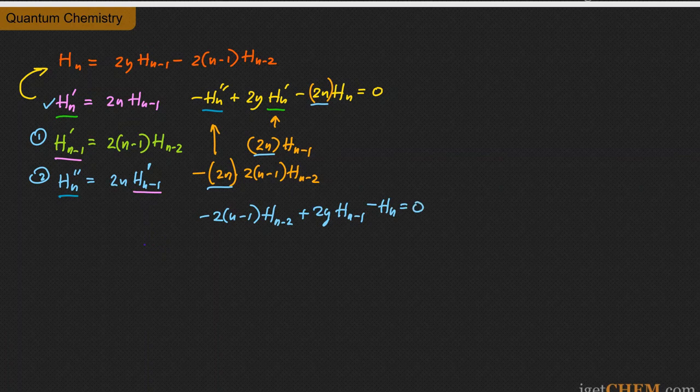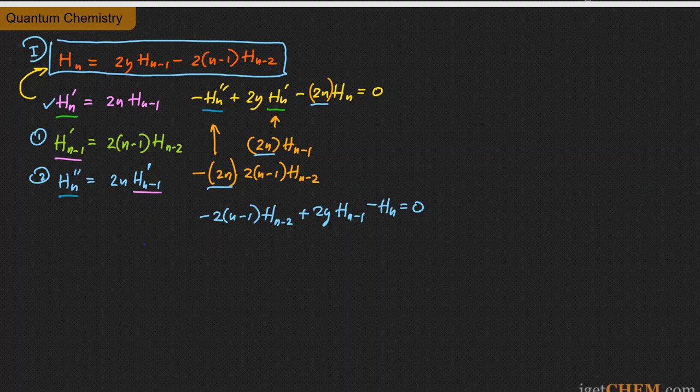Okay, so that in essence is what we need to prove right here. So that is exactly that equation. So we have proven this second recurrence relationship, which I called Roman numeral 1. Okay, so these two relationships can be proven just like that.